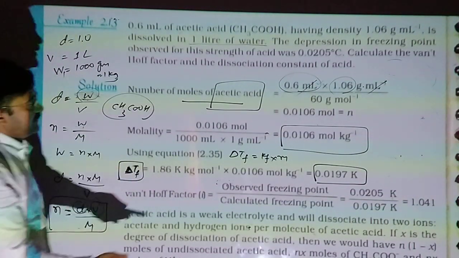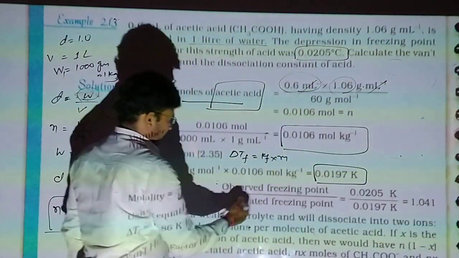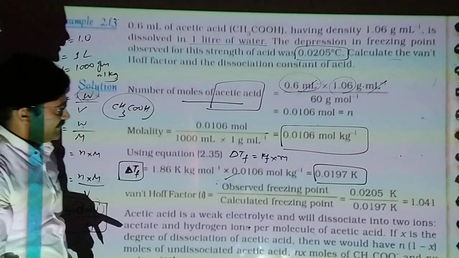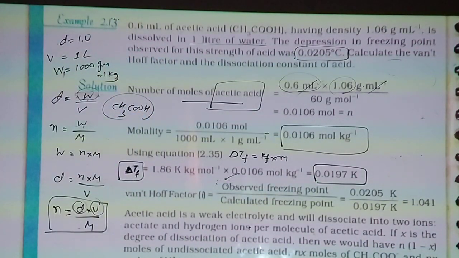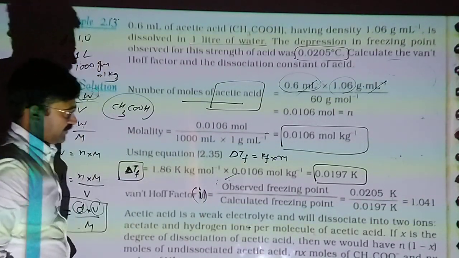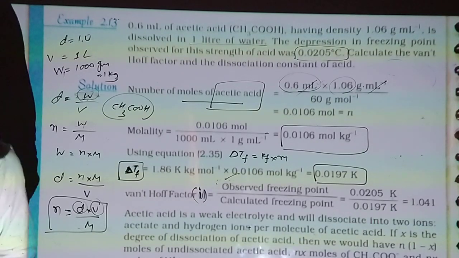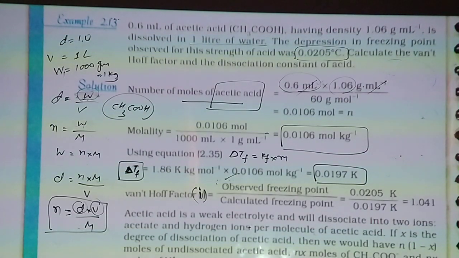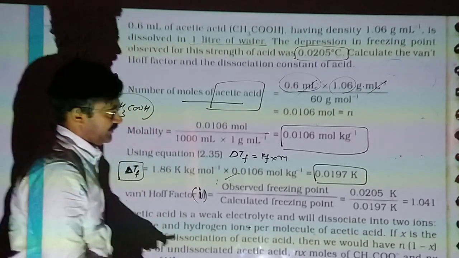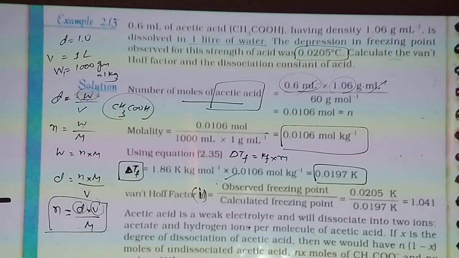But this value is the theoretical value, and in the question the given delta Tf is an observed practical value. So another formula we have to remember: the observed value of the freezing point upon the calculated freezing point gives the van't Hoff factor. So 0.0205 divided by 0.0197, 1.041.